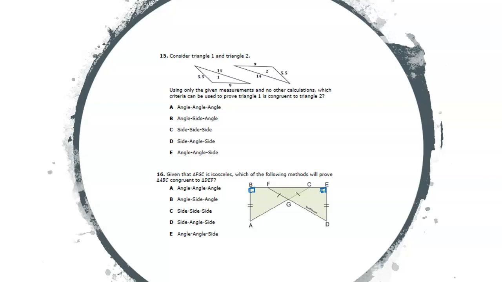We got the right angles. We also have a pair of matching sides here. Okay, pair of matching sides there. So let's see. We know that these sides also match.